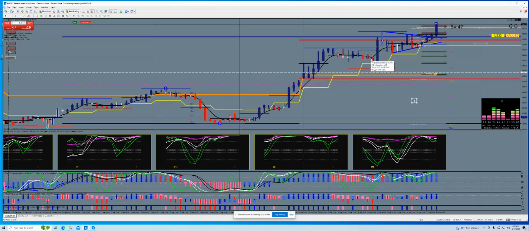I'm still in a pullback. And once we get over here, sometime during this 4-hour, this all turned blue again. That means everything is back in sync. And then they got out of sync, and back in sync, and out of sync, like we're in a sideways market. It's the reason I put this wedge, because I was waiting for the breakout of this consolidation. We were just talking about that.